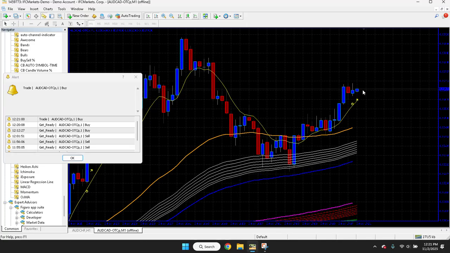It did give us the buy. So let's see, 4, 5, 6, 7, 8, 9, 10. So we would have lost if we did 10 seconds in. Let's say we got in just before that candle closes.